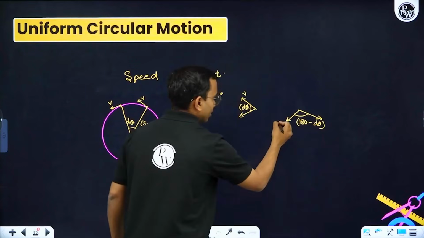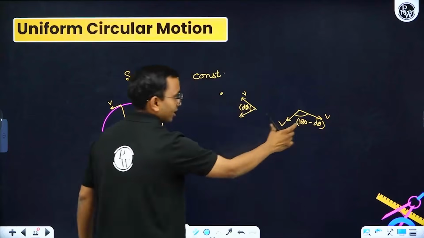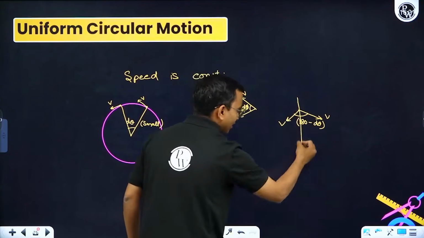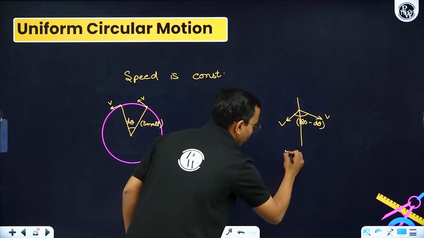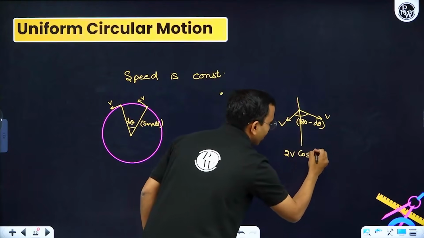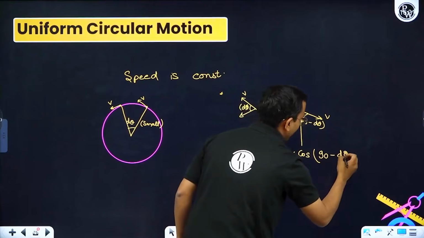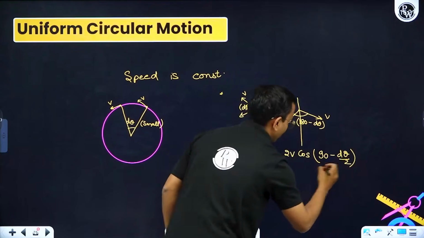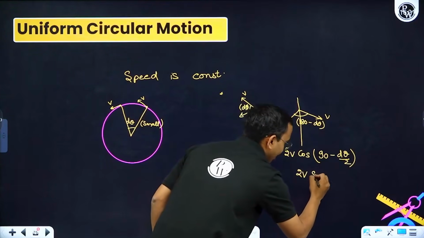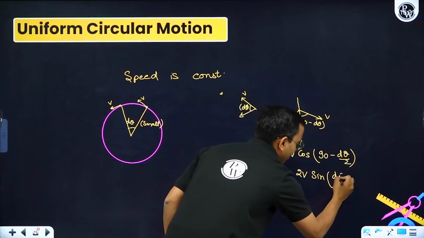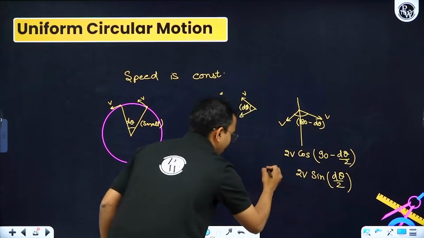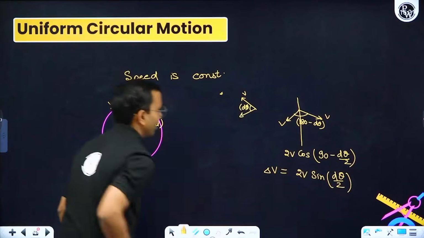This is v, this is v. What will be the resultant of the two? That will be along the bisector, and it is 2v cos of half of this angle, 90 minus d theta by 2. So 2v sine d theta by 2. This is my delta v.